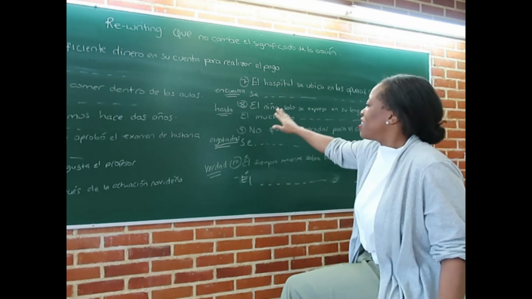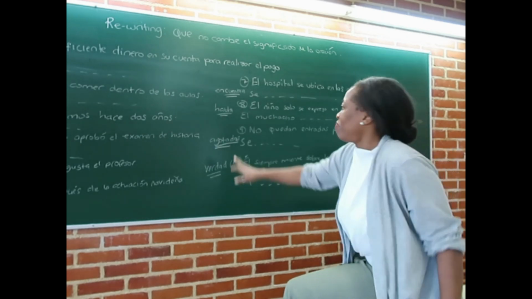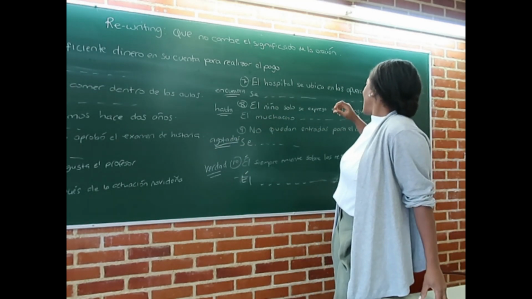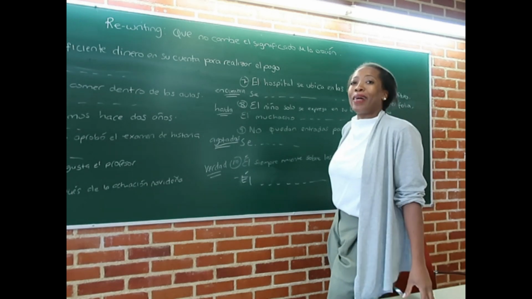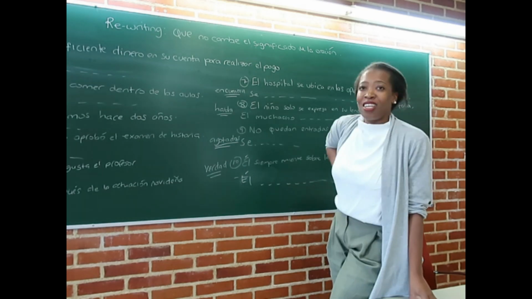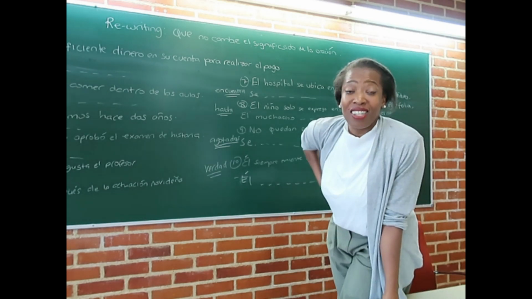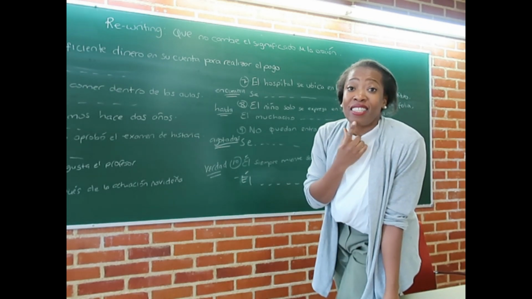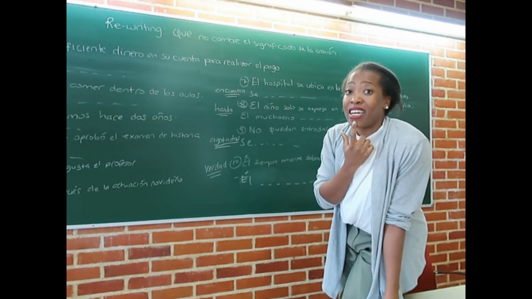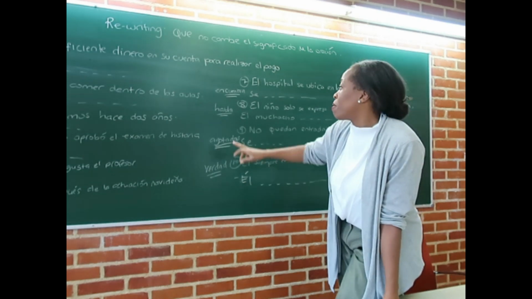Okay, number 8 we have el niño se expresa en su lengua materna. So the child expresses himself in his native tongue, in his mother tongue. Materna, mother, in his mother tongue.